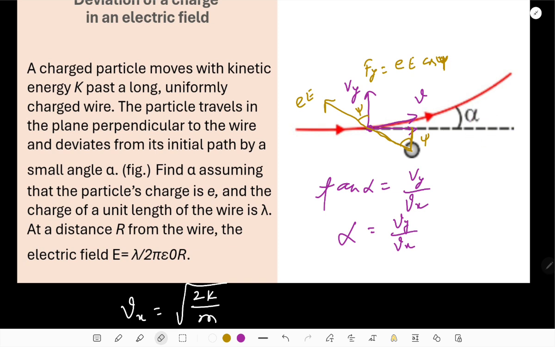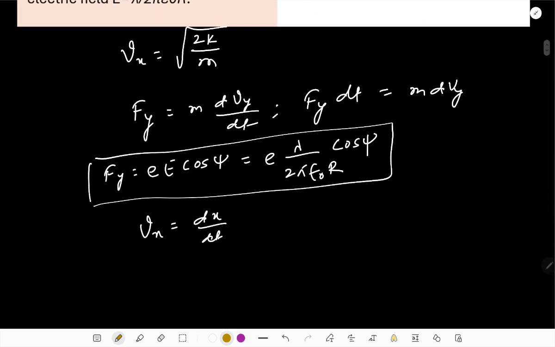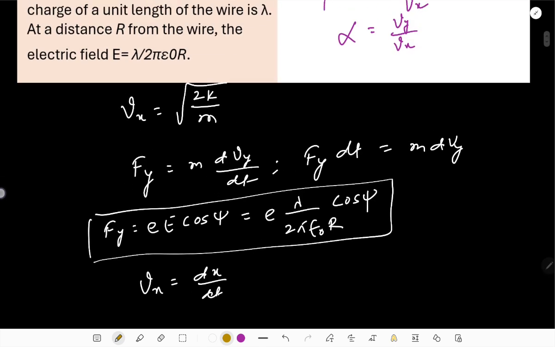These things can be removed, so that I can show you there is a small length dx, and I would like to write Vx equals dx by dt.